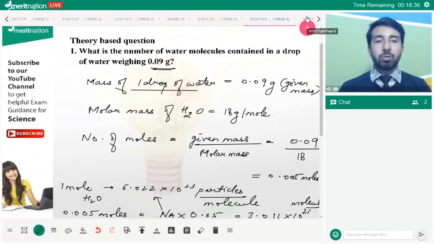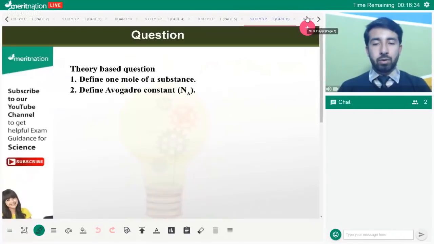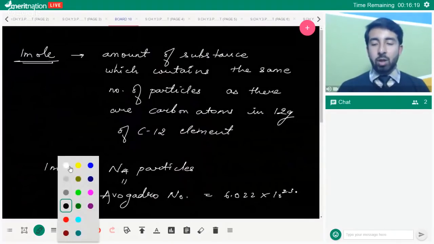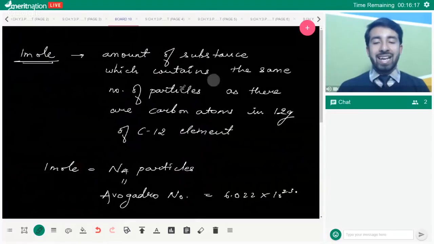Now moving on to the next question, which states: define 1 mole of a substance. Can any one of you tell me what 1 mole of a substance is? We have already written it on the board. We all know that 1 mole of a substance is the amount of substance which contains the same number of particles.